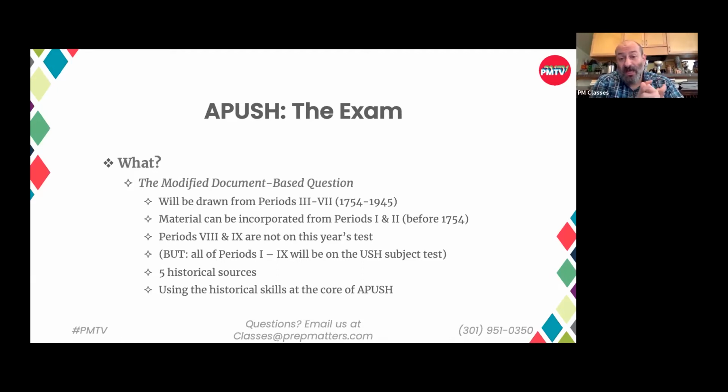You're also going to have a study list up there. Right now, that study list is periods 1 and 2. Each week, I'll do a new study terms list useful for both tests, APUSH and the subject test, that covers periods 3, 4, etc. And at the end of the course, I'll upload extra materials for those students taking the subject test that covers 1945 to the present, as well as stuff that doesn't neatly fit into category time periods.